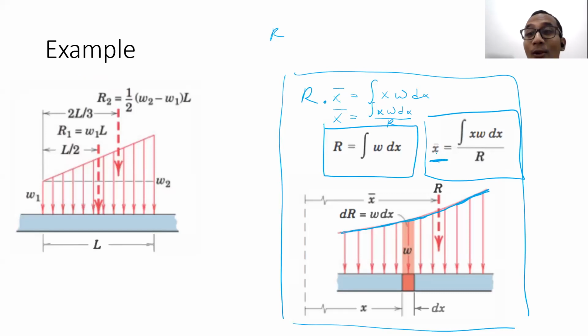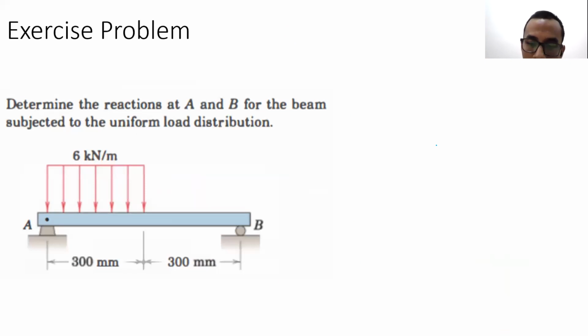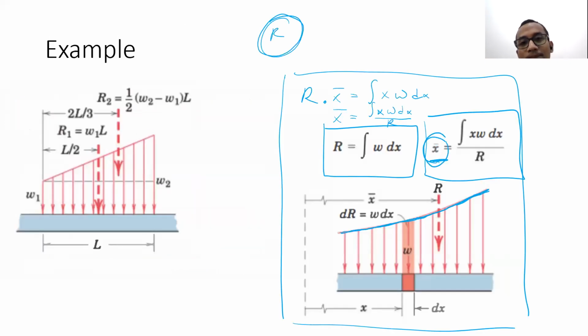But X bar is the location, the distance where we are supposed to put R. So when we want to represent a distributed force, we represent it as one concentrated force, but we have to put that force at the correct location. Correct, Hazard? Yes, the correct location is represented by X bar here.